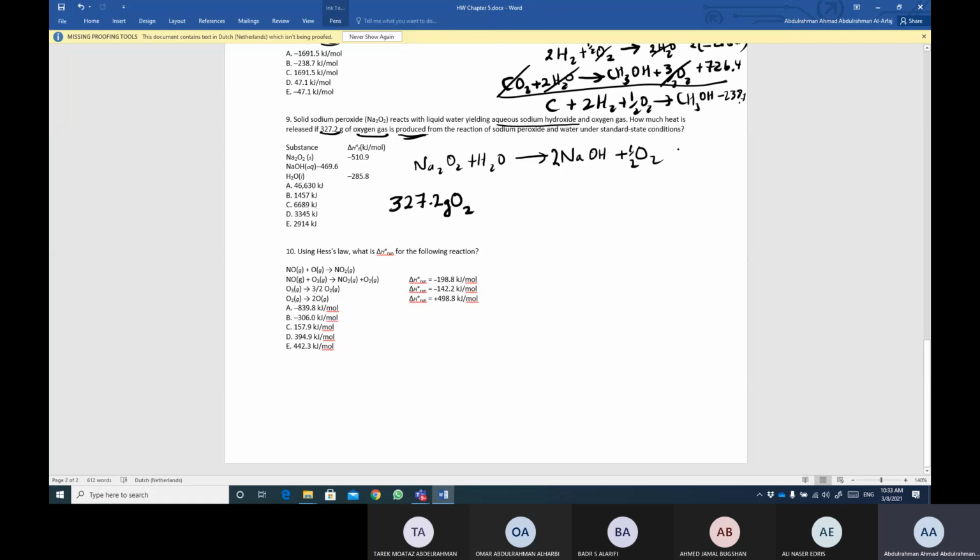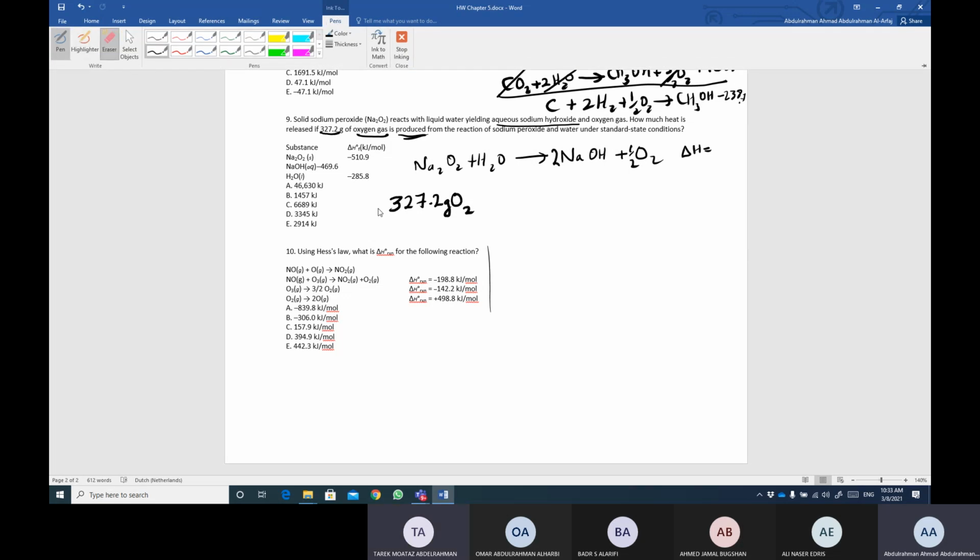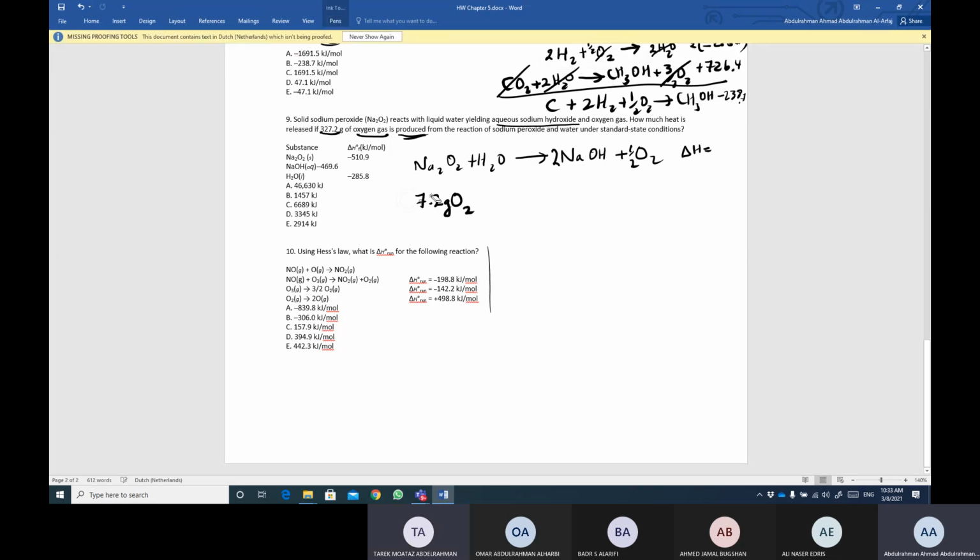We don't know what the delta H is for this reaction. You have to calculate the H. Can you calculate that H first before we write this? It will be minus 142.5. You did it already? Yeah.